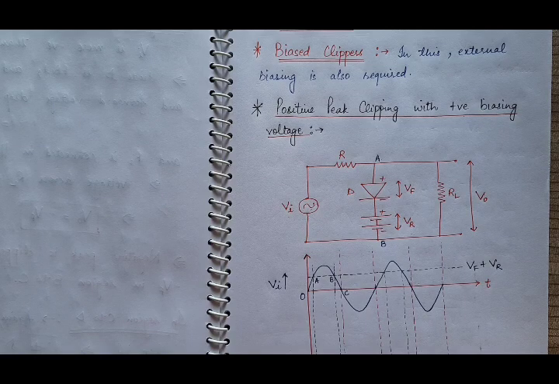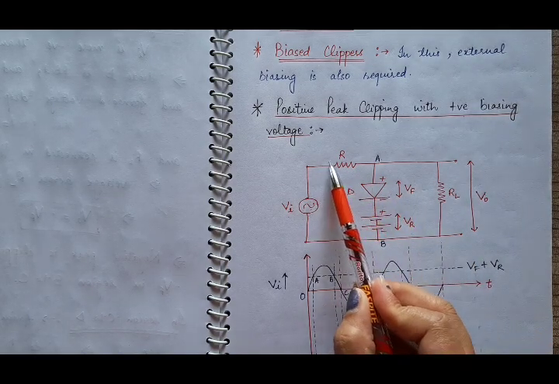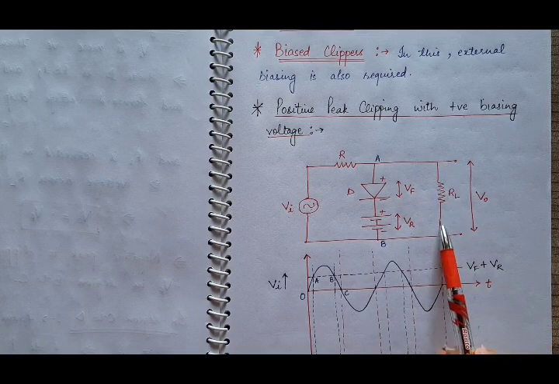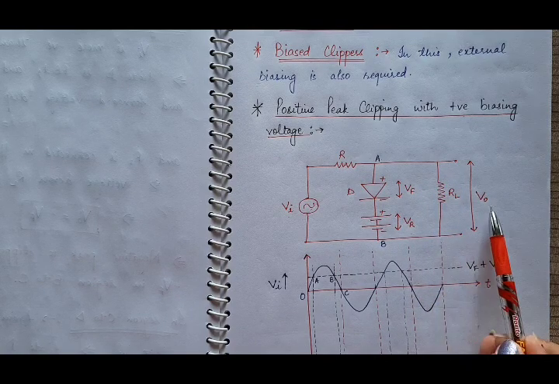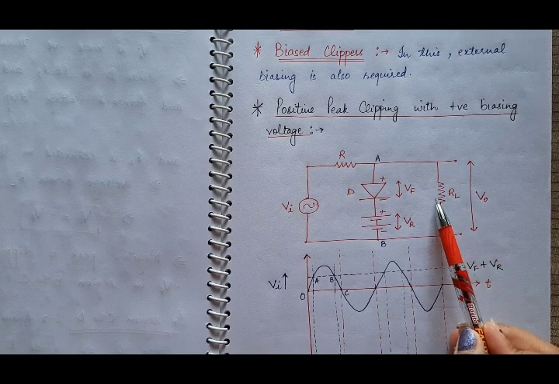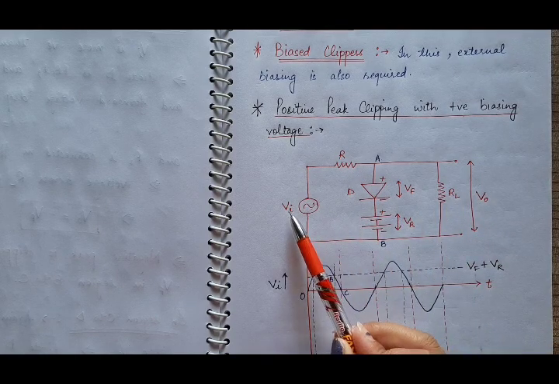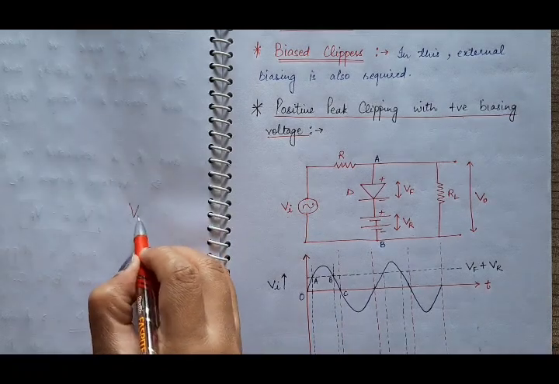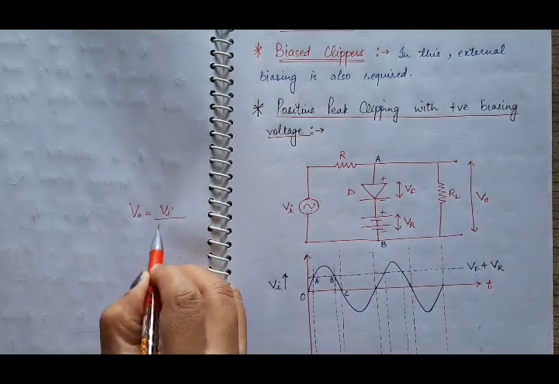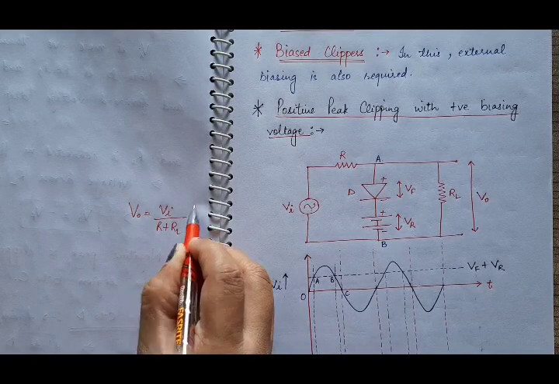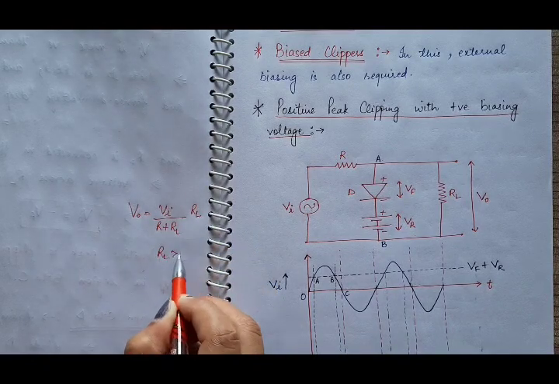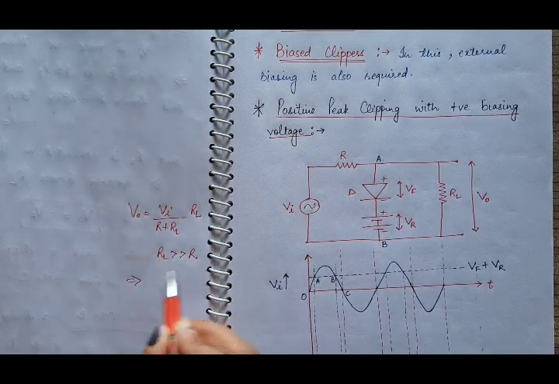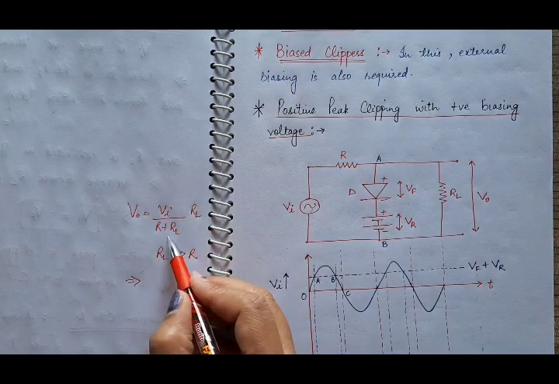So how will the current flow? The current will flow through R and then through RL. What will be the output voltage? It will be I into RL, and I will be Vi upon R plus RL. If RL is much greater than R, then you can neglect R, and RL and RL will cancel out.